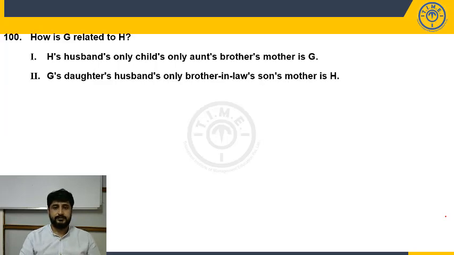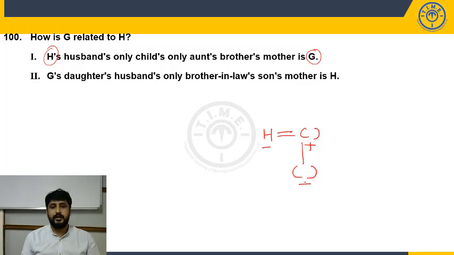Last question. How is G related to H? In the statement we have H and G. Yes. So one may be possible. Let's check it. H's husband. I'm drawing a family tree diagram. So H is a female. H husband's only child.